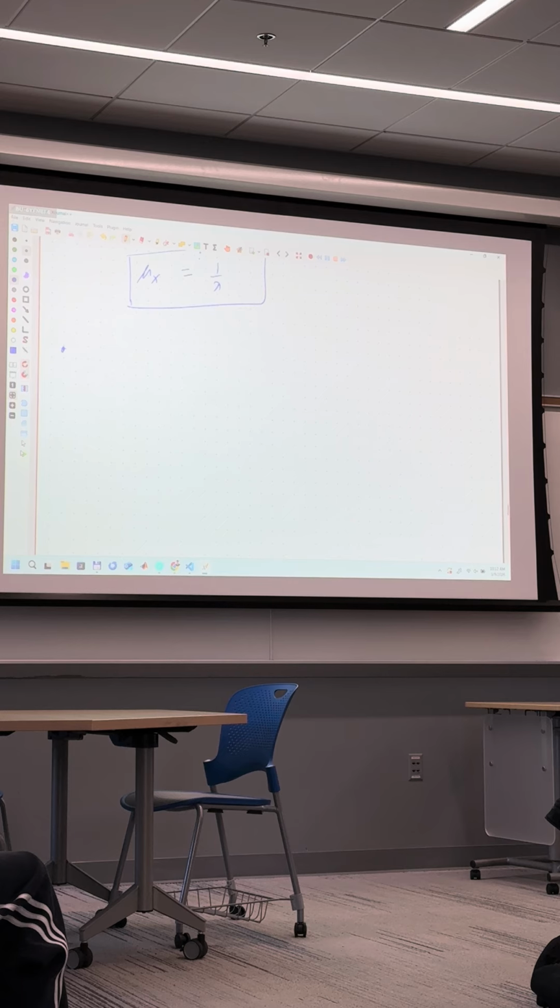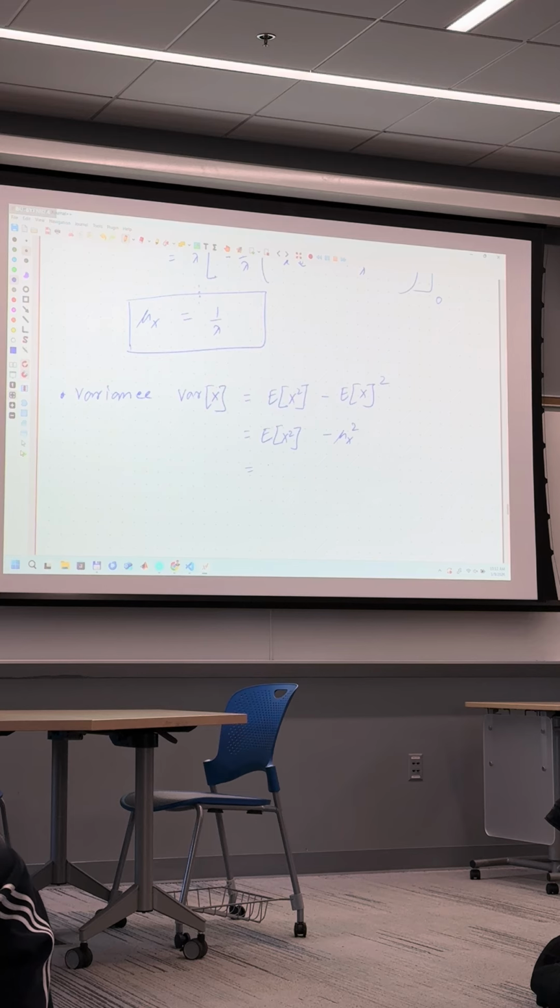So the variance of random variable x: I'm going to use the formula, the second moment of x minus the expectation of x squared, which is the second moment of x minus mu sub x squared, which is the second moment of x minus 1 over lambda squared.